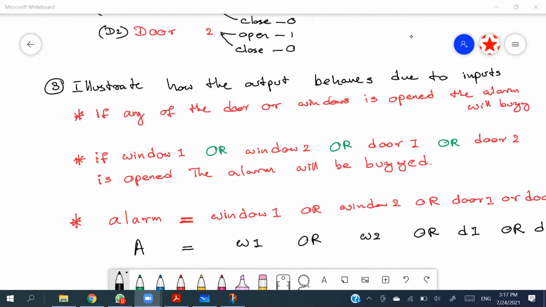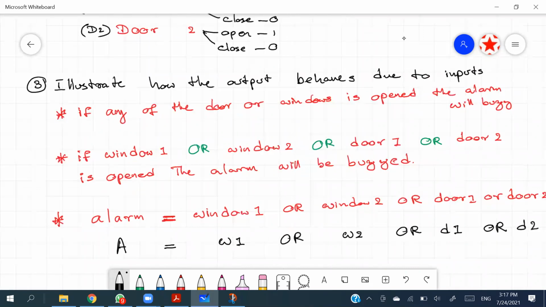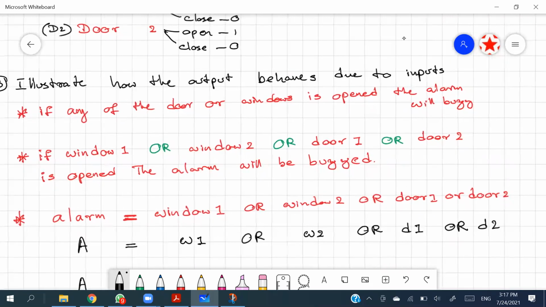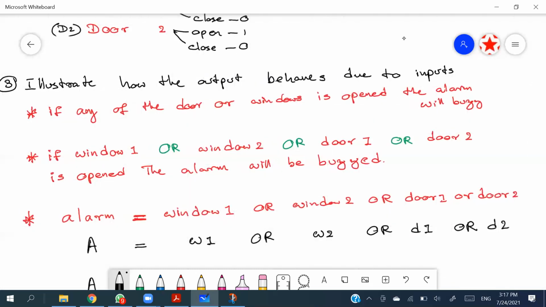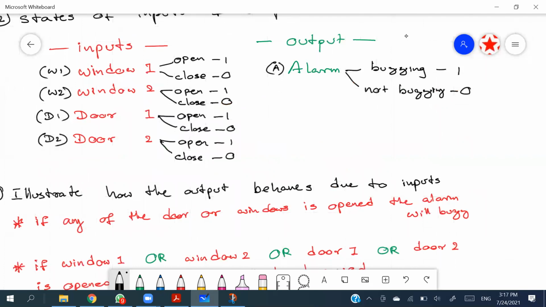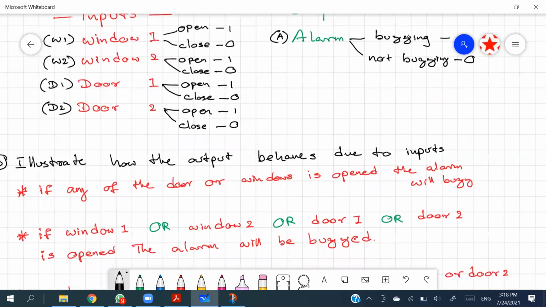People, let me know if I'm scrolling faster. After alarm, where? Hold on. Buzzing. Buzzing. Right?